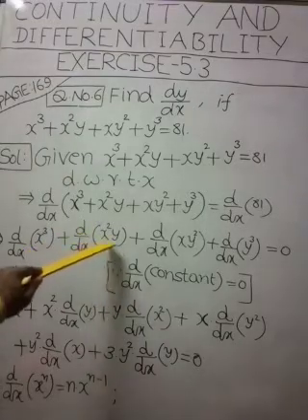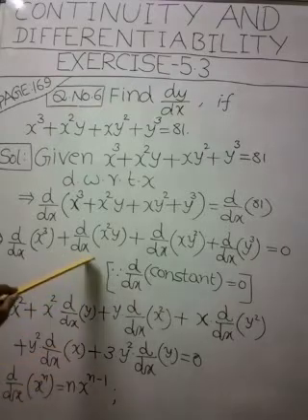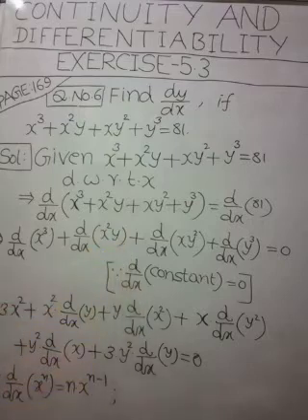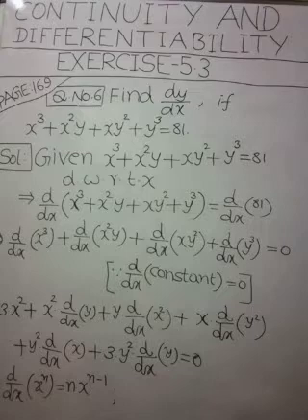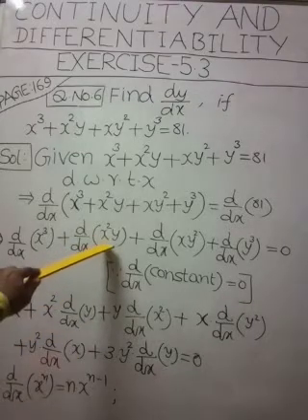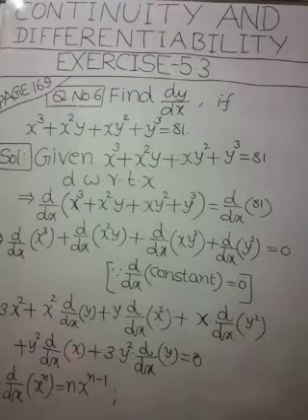d by dx of x square y. It is in the form of d by dx of f of x into g of x, or d by dx of uv. Here we have to use the uv rule, that is the product rule. Because x square is a variable, y is also a variable.